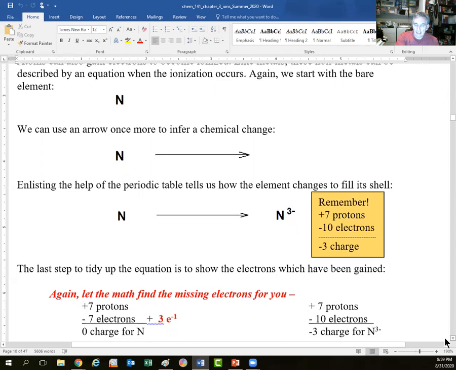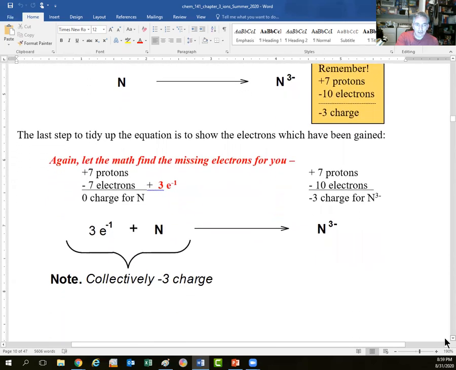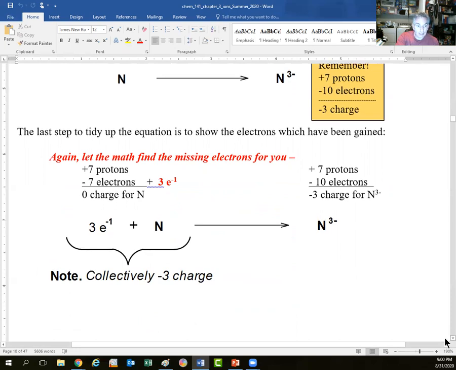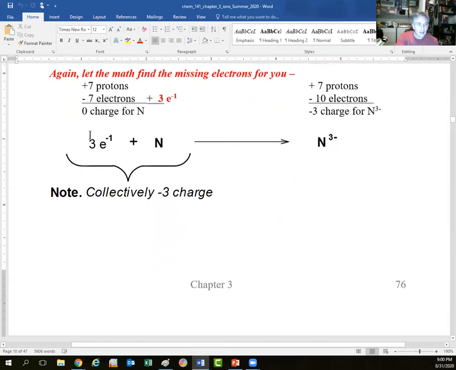So for the electrons which have been exchanged, the nitrogen doesn't have the electrons at the beginning, it just has them at the end when that electrical charge forms. So the electrons being gained are added on to the beginning of the equation. 3 electrons and the nitrogen to give us this nitride ion.